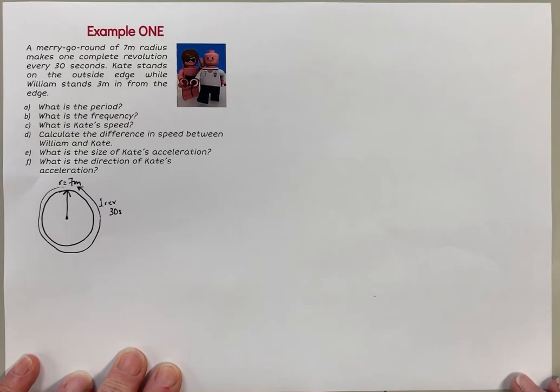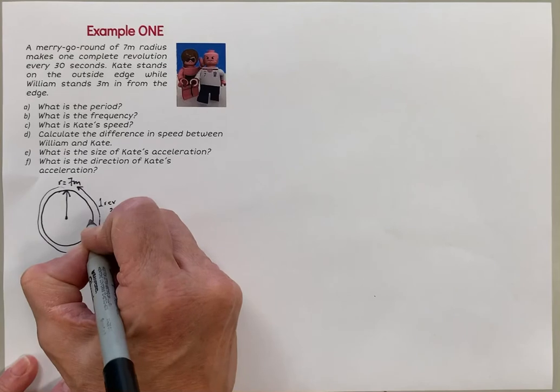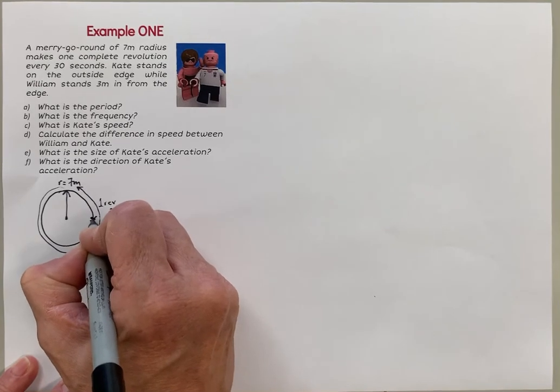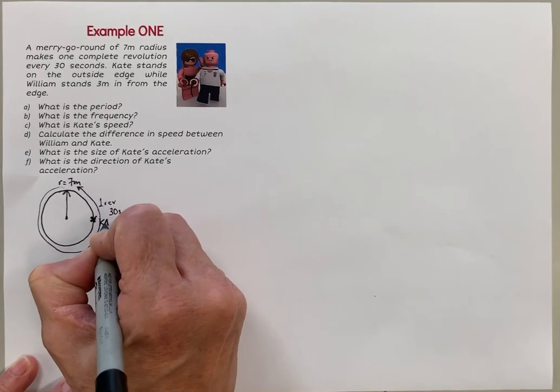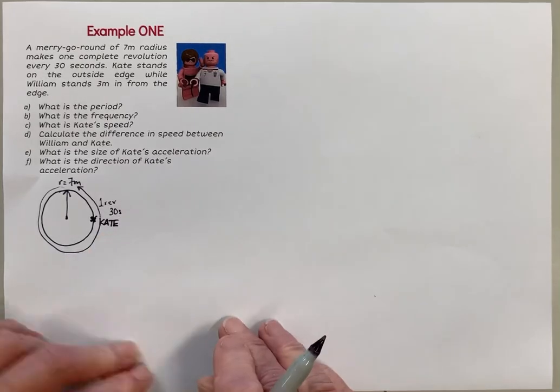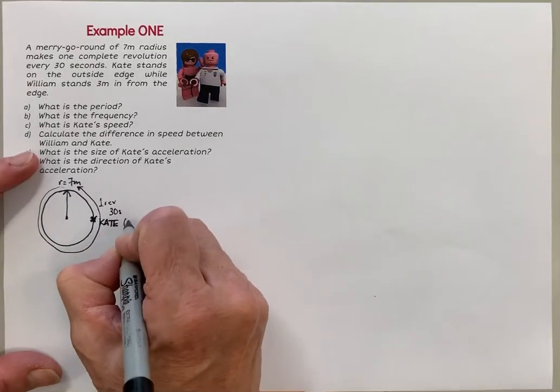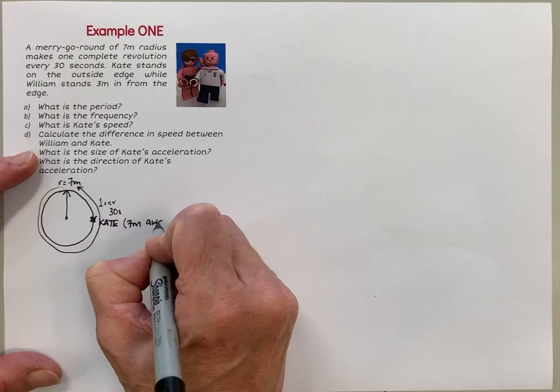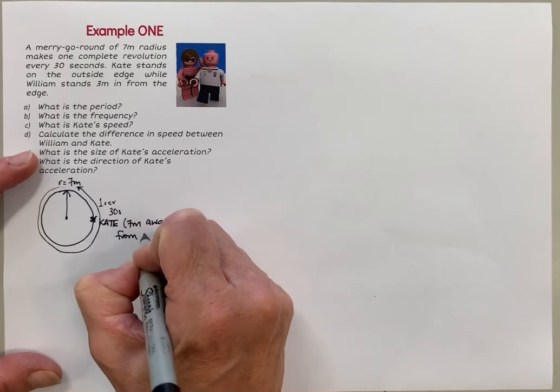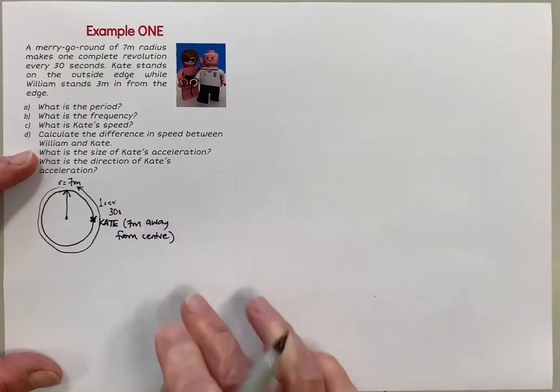Kate stands on the outside while William stands 3 meters in from the edge. So let's draw. Here is Kate. She is 7 meters away from the center. But here's the trick.